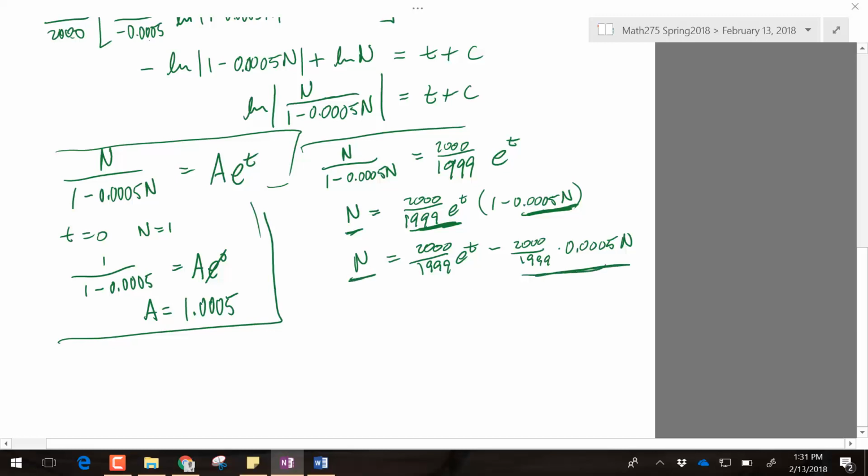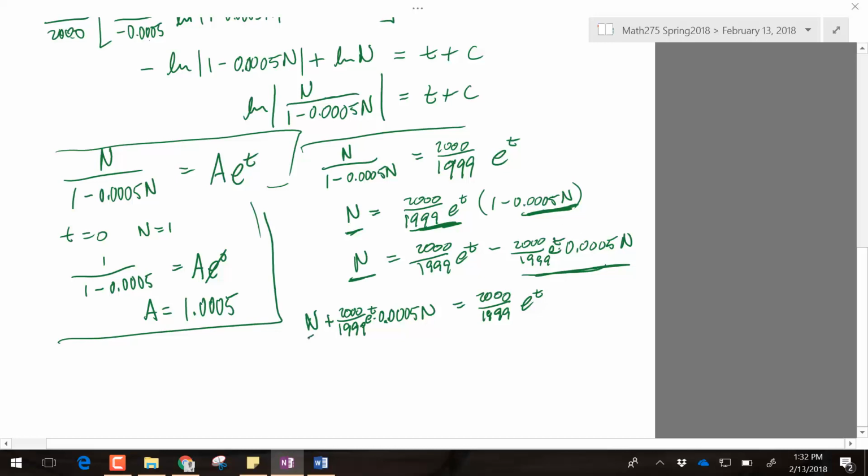Two of the terms have an n, this one doesn't, so I'll bring all the terms with an n onto one side. I missed an e to the t here.